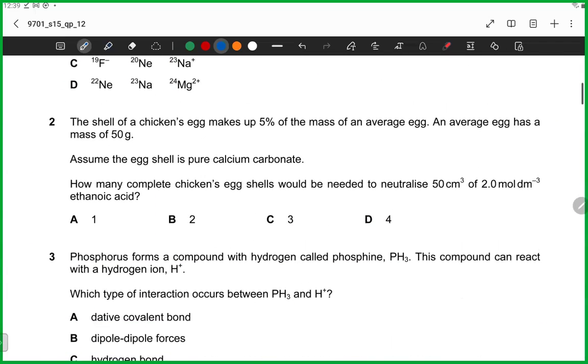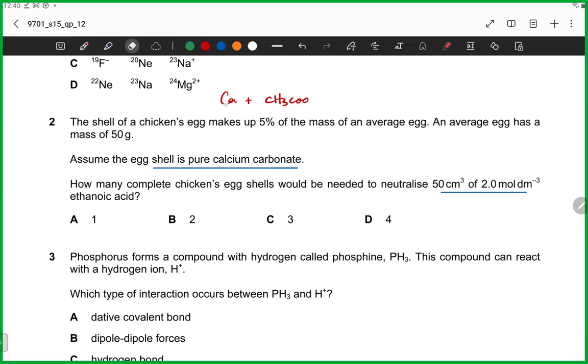The shell of a chicken egg makes up 5% of the mass of an average egg. An average egg has a mass of 50 grams. Assuming the egg is pure calcium carbonate, so we're dealing with calcium carbonate over here. How many complete eggshells would be needed to neutralize 50 cm cube of 2 mole per dm cube ethanoic acid? So I need to first come up with an equation, right?